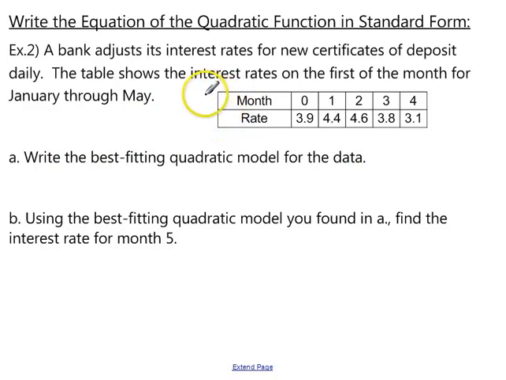When we put this into our calculator, we're going to use the month as our L1 and our rate as our L2. We want to write the best fitting quadratic model for the data. That's the equation that the calculator gives us. And then we'll move on to part B. So go ahead and write down these values at least so that we can switch over to the calculator and find our best fitting quadratic model.